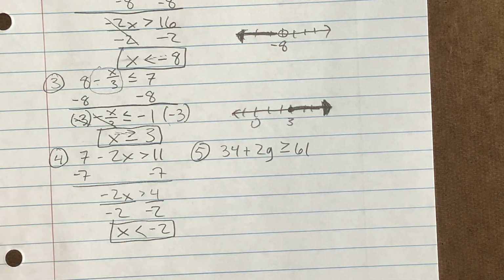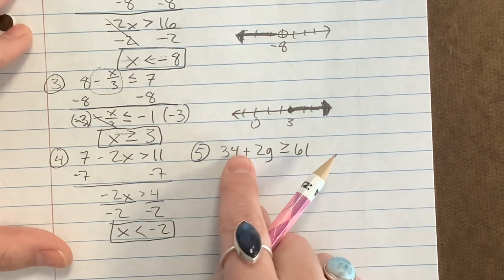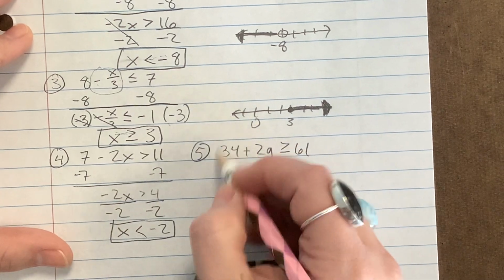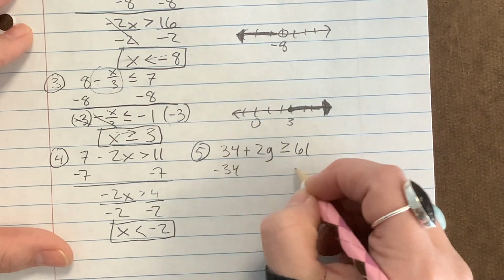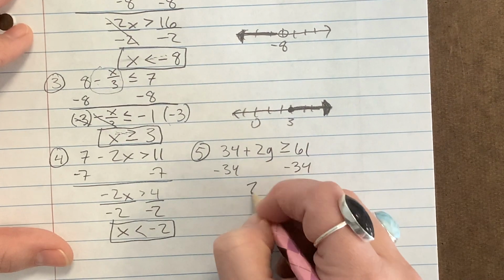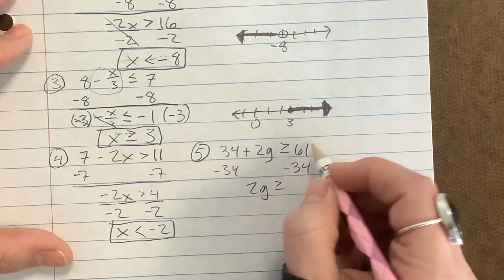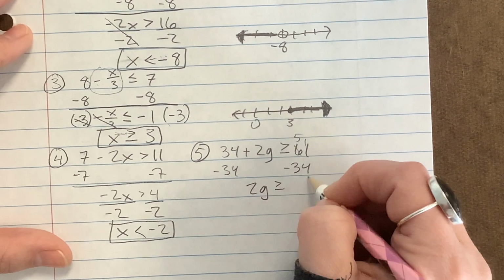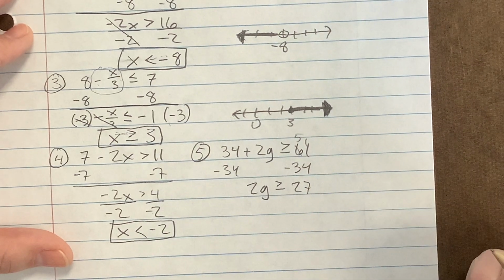Now we're to solving. So we're going to, again, get rid of the number that doesn't have a variable next to it first. Minus 34, minus 34. 2g is greater than or equal to 27.